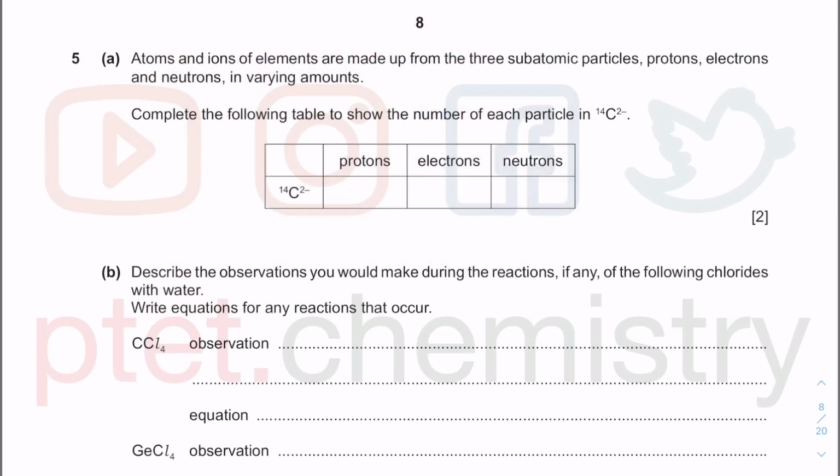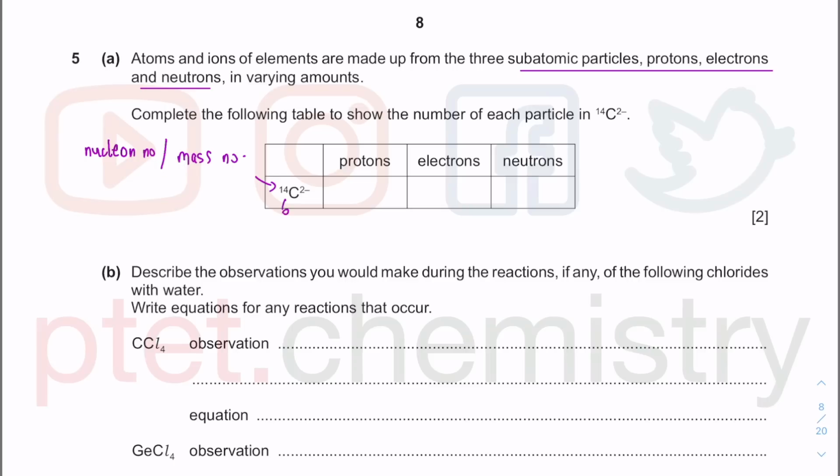In this question number 5, we have atoms and ions, and we are talking about 3 subatomic particles: protons, electrons, and neutrons. If we have this number on top, that is called the mass number, also known as the nucleon number. It's the number of protons plus the number of neutrons in the nucleus of an atom.